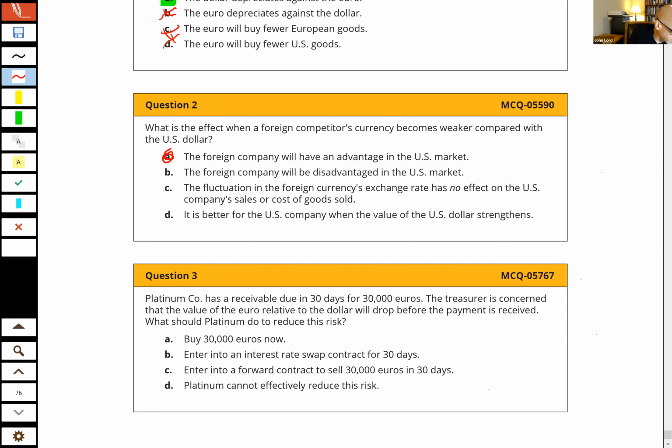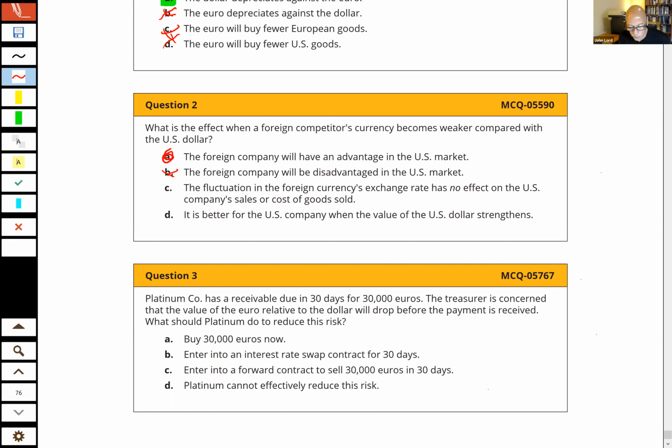It's going to require more foreign currency to purchase the dollar. And so they're going to be at an advantage in the US market because now the dollar will buy more of the foreign currency, and so the foreign items will become cheaper in the US market. So A and B are mutually exclusive.